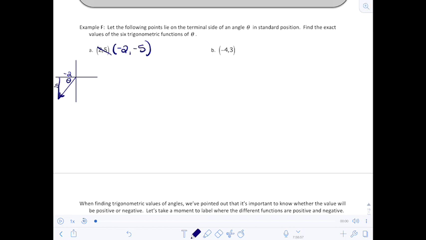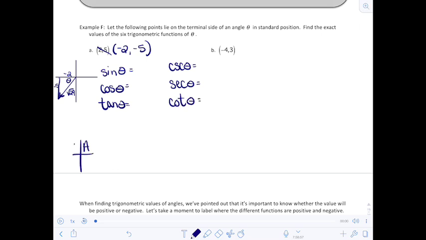Hypotenuse is always positive, and I'm going to have the same hypotenuse as I did in the previous example, the square root of 29. 2 squared plus 5 squared is 29, and the square root of that. So now we have this labeled. So sine of theta, cosine of theta, tangent of theta, and then cosecant of theta, secant of theta, cotangent of theta.